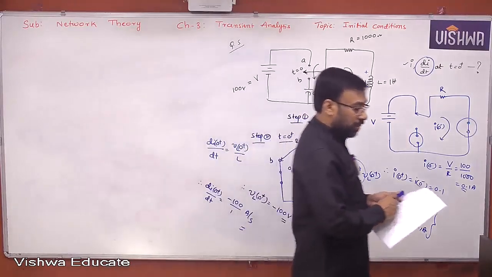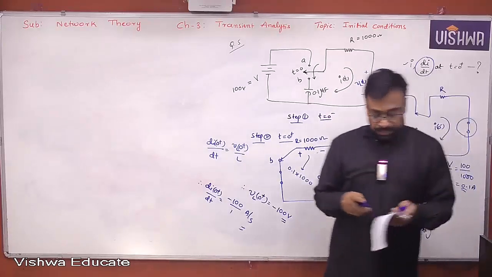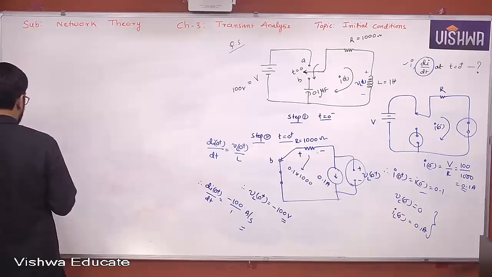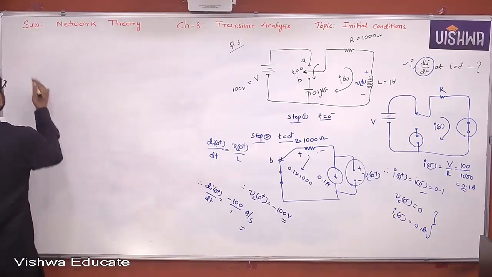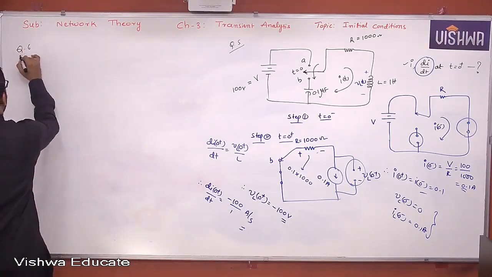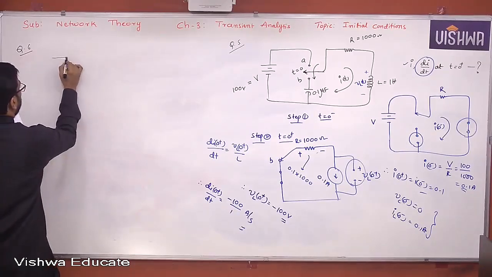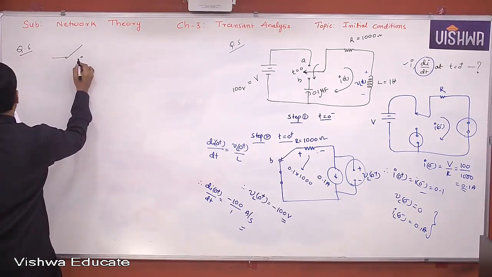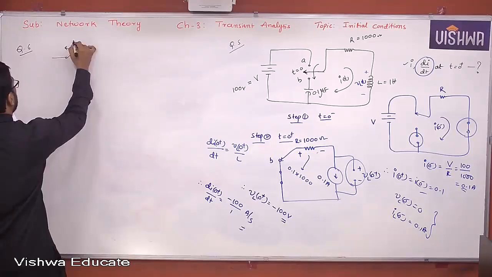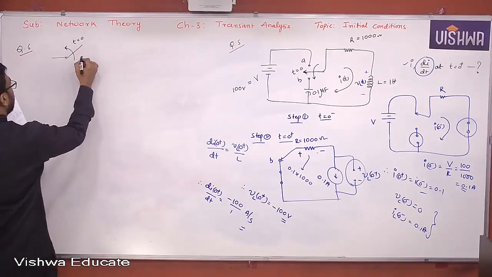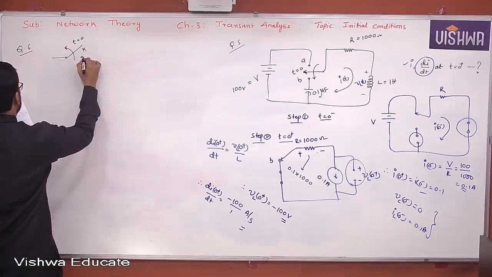Now let's go for another problem. Question number 6, classroom workbook, question number 6. Find Vk and dVk by dt at t equal to 0 plus.